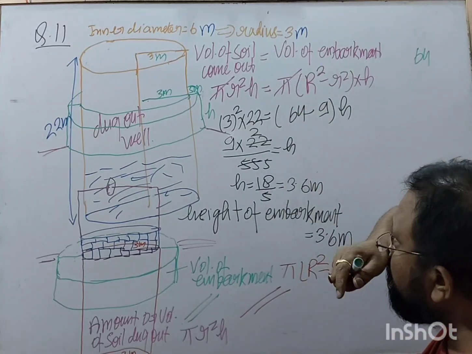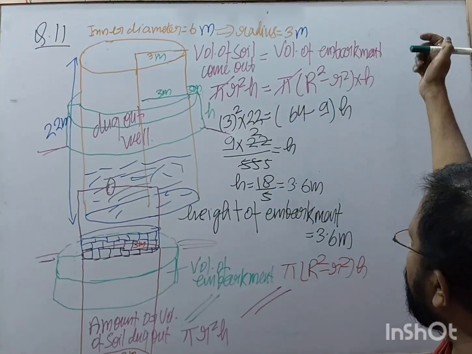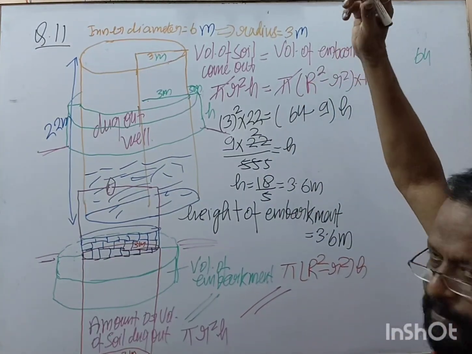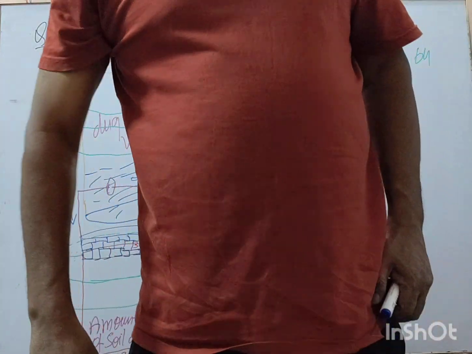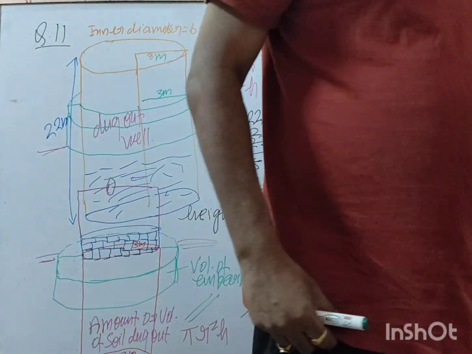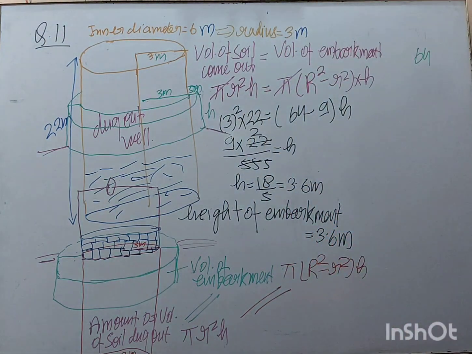Volume of soil dug out is equal to volume of embankment, and volume of embankment is this.